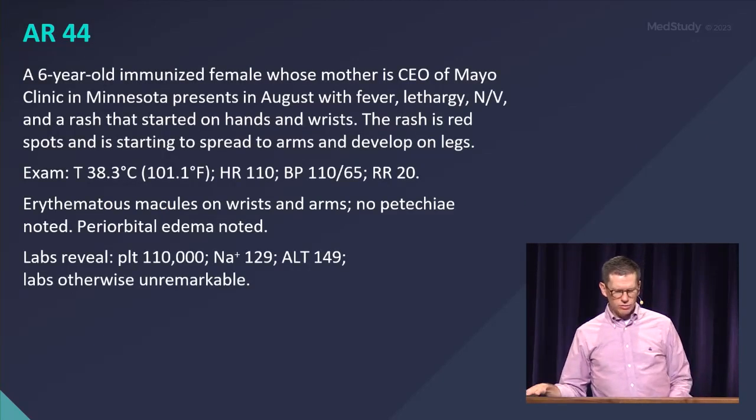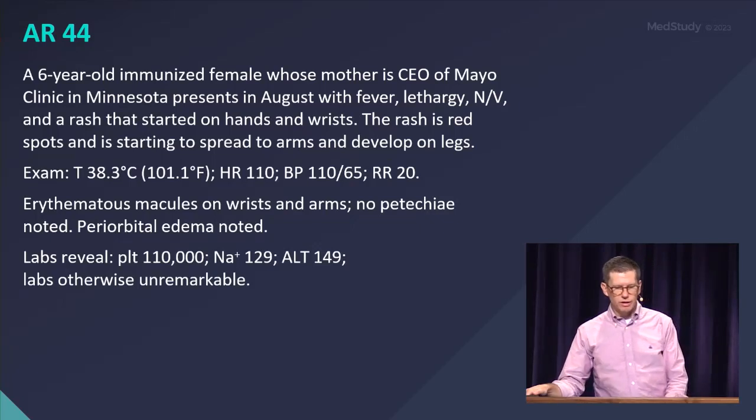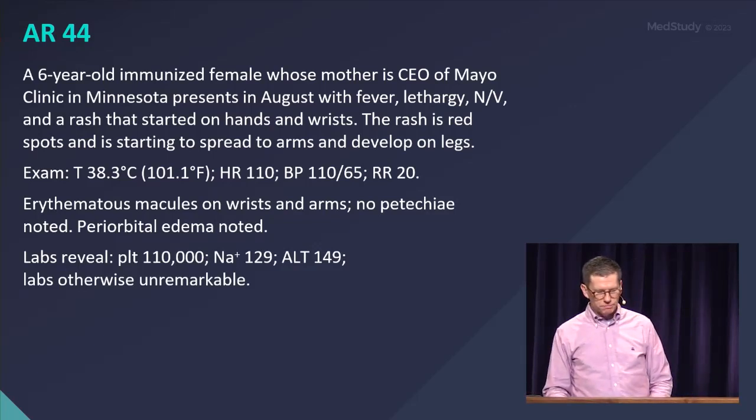All right, next question. A 6-year-old immunized female whose mother is CEO of Mayo Clinic in Minnesota presents in August with fever, lethargy, nausea, vomiting, and a rash that started on the hands and wrists. The rash is red spots and starting to spread to the arms and develop on the legs. Temperature is 38.3 Celsius, a heart rate of 110, blood pressure 110/65, the respiration is 20. There are erythematous macules on the wrist and arms.